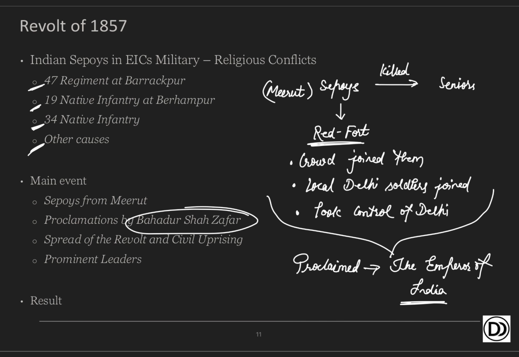They wanted to fight under a banner. They wanted to fight the Britishers under a king, under a ruler, and they chose Bahadur Shah Zafar, because for the last 200 to 300 years, the Mughal emperors in India were the sign of authority. They were the sign of a king. They took care of the public here. They ruled over various territories. So in the minds of people, the Emperor of India was still a Mughal.